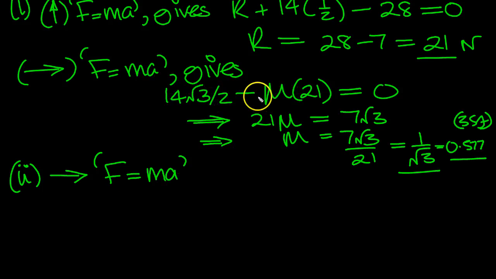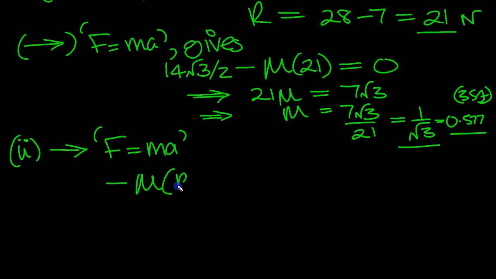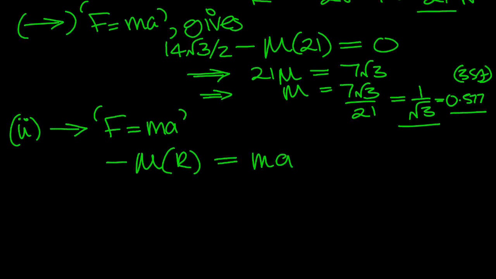Horizontally, the mu R will still act, won't it? So it's minus mu times, now what's R? Well, we don't know R, do we? So let's just put mu R. Minus mu R is equal to the mass, which we don't know, times the acceleration a. We know the weight, so we'll know the mass.